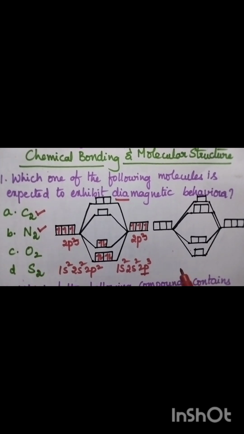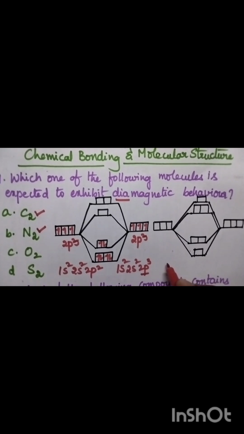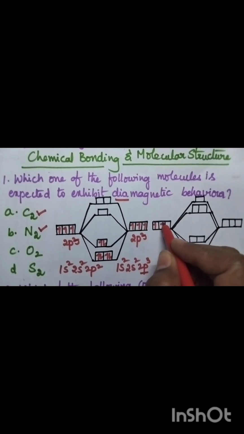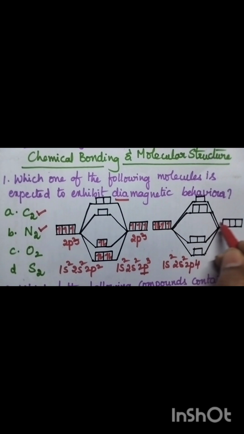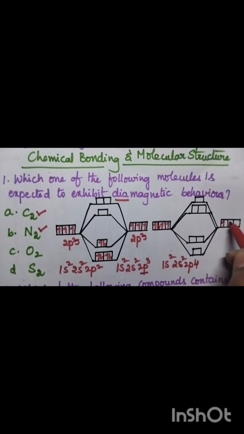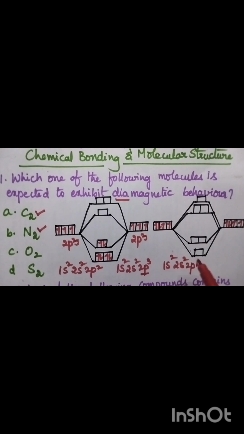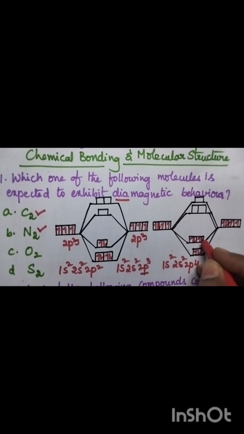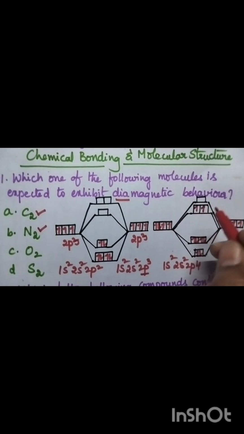The atomic number of oxygen is 8 and hence its configuration is 1s2, 2s2, 2p4. 1, 2, 3, 4. 1, 2, 3, 4. So altogether 8 electrons are present. 1, 2, 3, 4, 5, 6, 7 and 8.